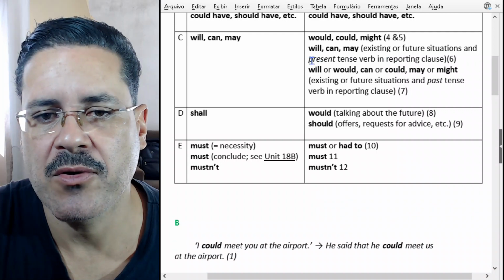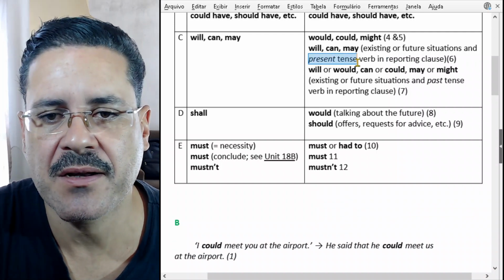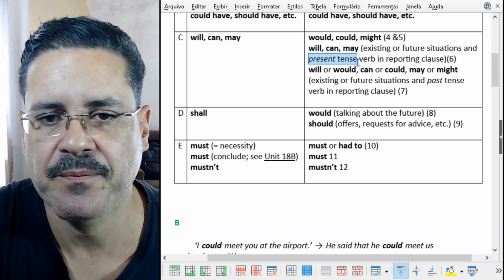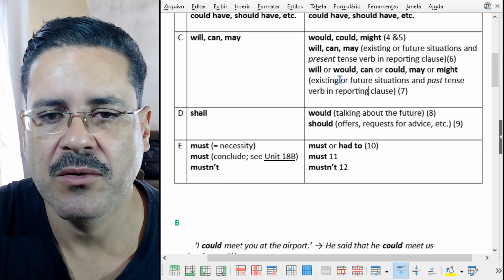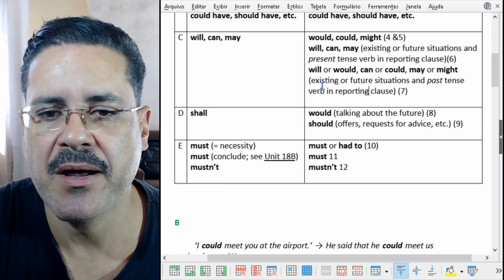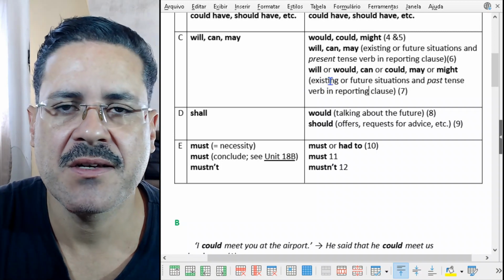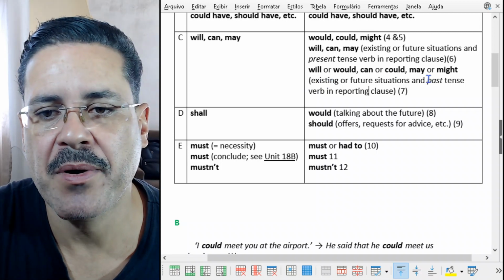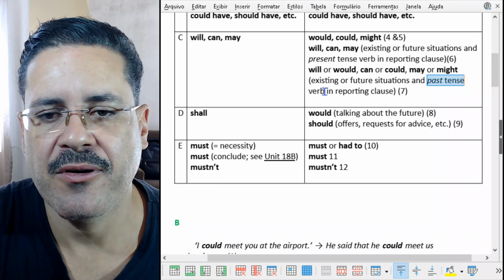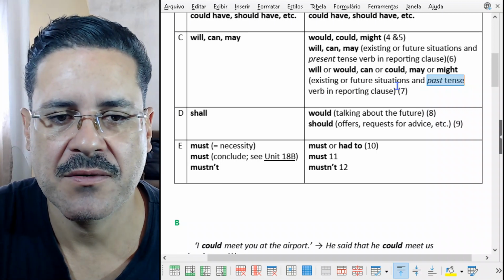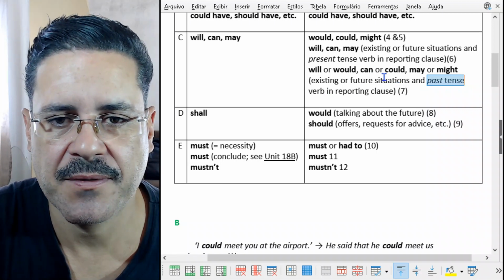The most important aspect is the present tense in the reporting clause. And will or would, can or could, may or might also apply to existing or future situations with the past tense verb in the reporting clause. So this is the basic difference.